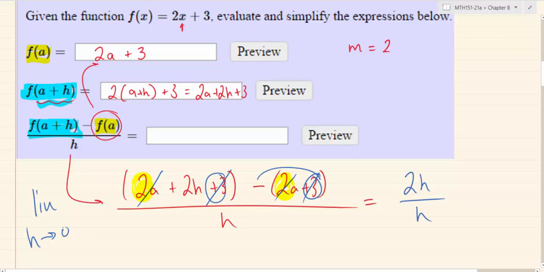If we were to plug in that 0 right now, what would happen? Bad things, undefined, right? So we can't take the limit at this stage of the game, but what's our next move? Cancel the h's. And now what happens when we take the limit as h goes to 0? There's no h to plug it into. So what's our answer? 2. What's the slope everywhere? 2.